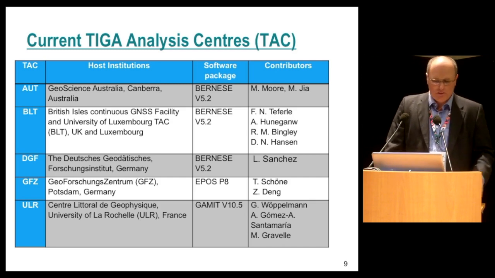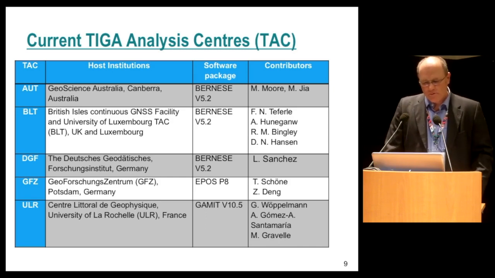Otherwise, we include BLT, the British Isles Continuous GNSS Facility and University of Luxembourg, a combined effort for the processing, then DGFI, which is of course now being integrated into the Technical University Munich, GFZ in Germany, and ULR at the University of La Rochelle, with the contributing authors being listed on the right-hand side.